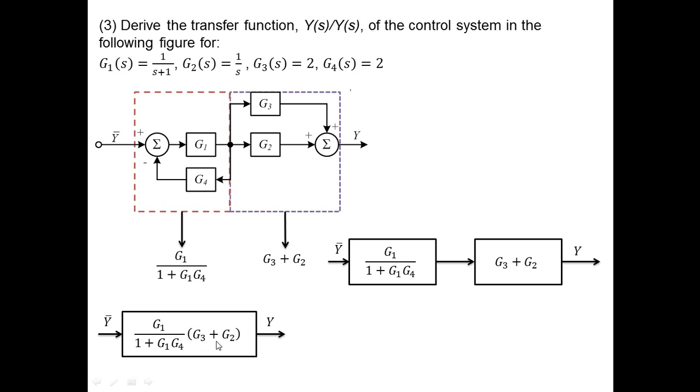By implementing the values, we will have the final transfer function as G(s) equal to 2s plus 1 over s multiplied by s plus 3. So the purpose of this problem is to familiarize the students with how to use the simplification rules for a given complex block diagram.